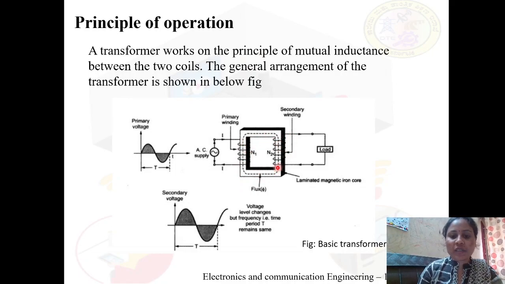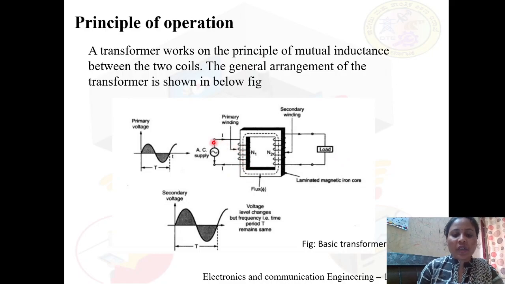This is the flux. Whenever there is a change in magnetic flux, the EMF or voltage will be produced across the secondary coil, and we can connect the load and measure the amount of current which flows through the secondary or the load terminals.